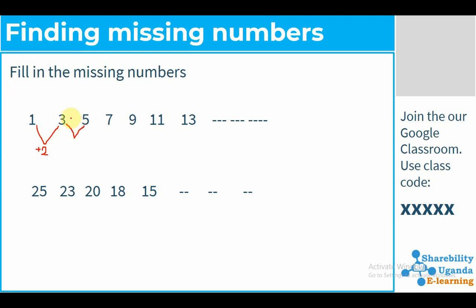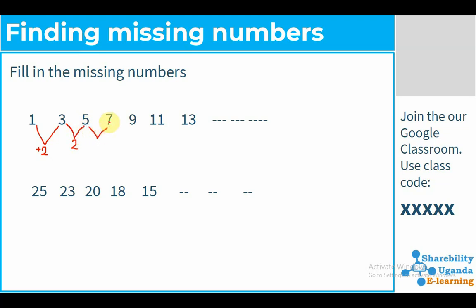We also ask ourselves which number can be added to 3 to come up with the next number. We have a 2. Still, when we add a 2 plus 3, we can come up with a 5.